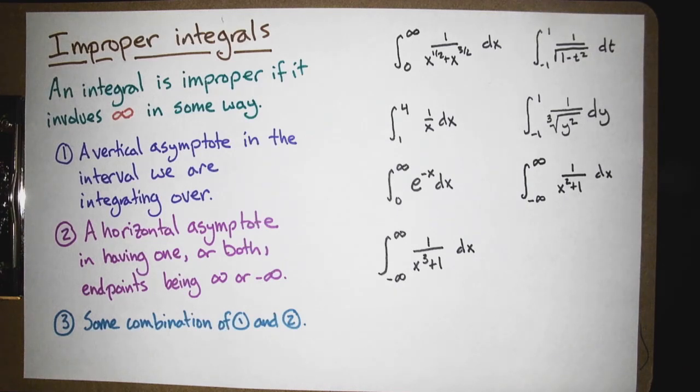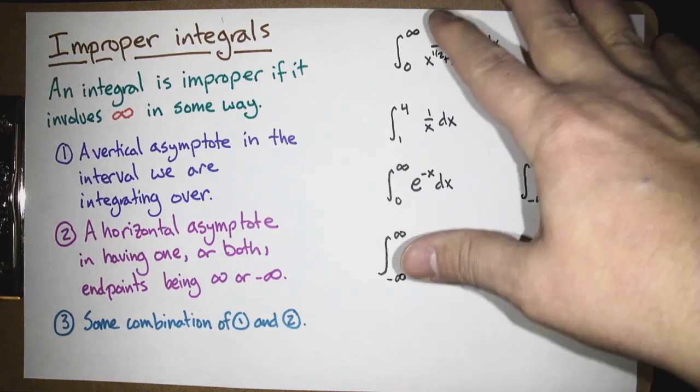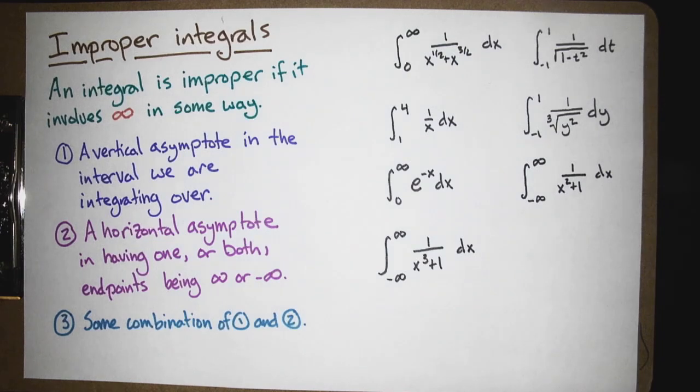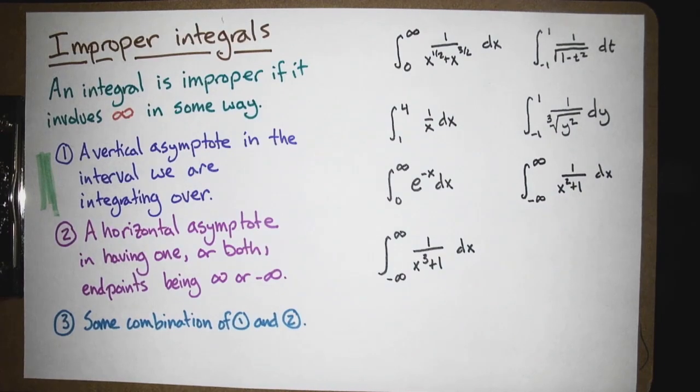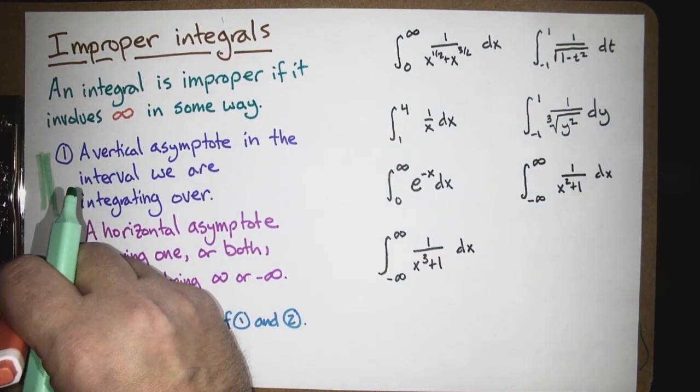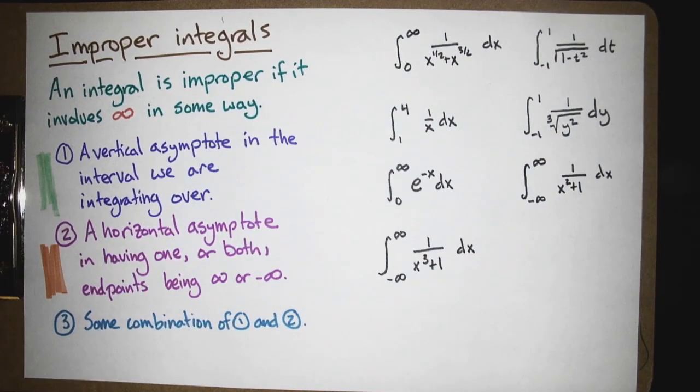All right, so let's think about this. I have some example integrals, and let's think about what's going on. We have two categories, category 1 and category 2. We'll mark these here. For the first integral, is it a category 1 or a category 2?